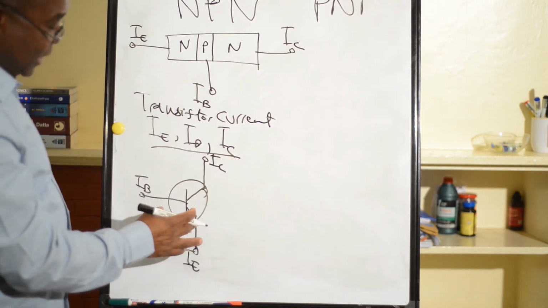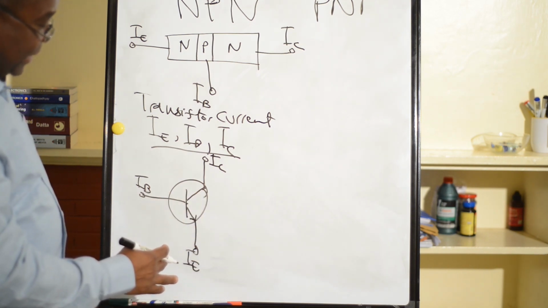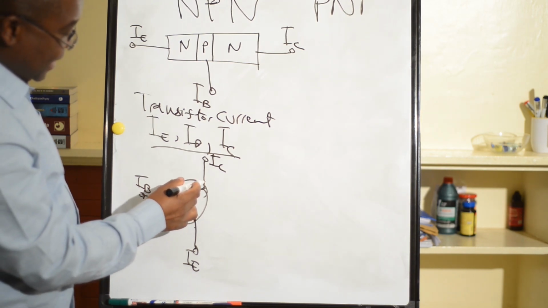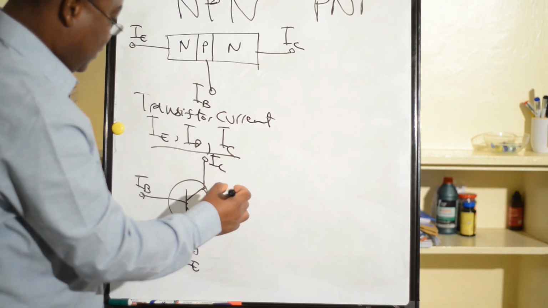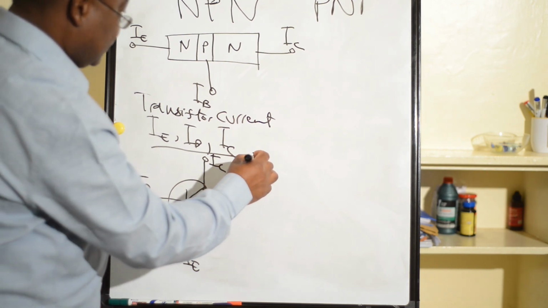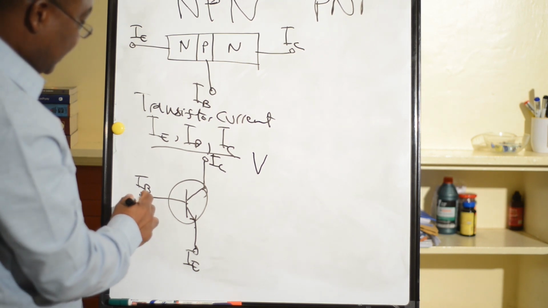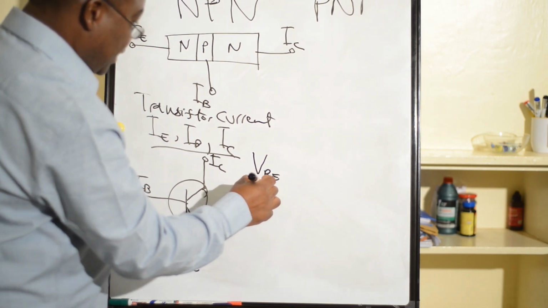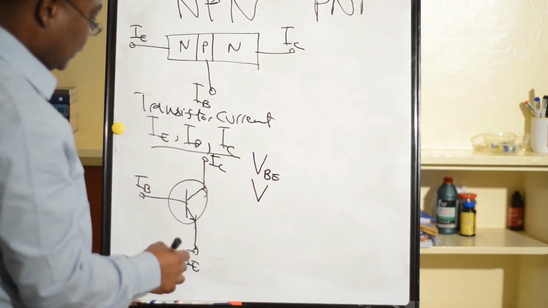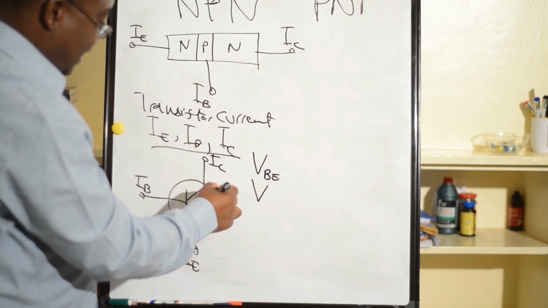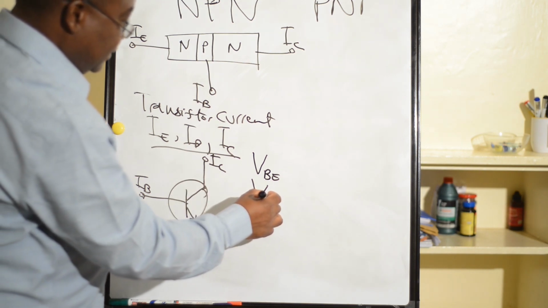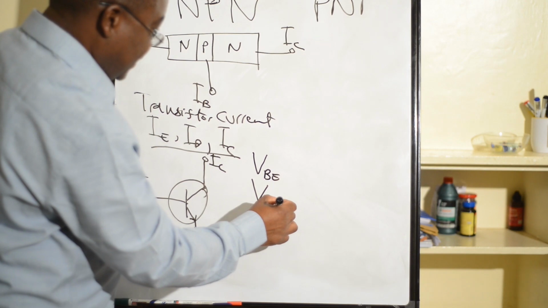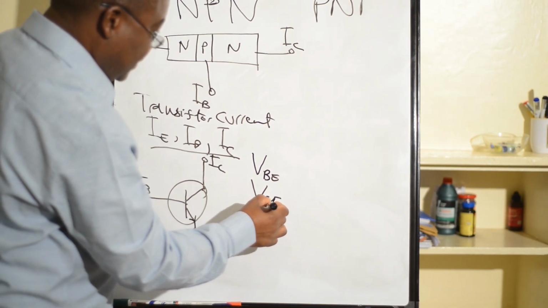We want to see the voltage representation of an NPN transistor. So here is our base, here is our emitter, here is our collector. We have the voltage between base and emitter, VBE. We have the voltage between collector and emitter, VCE.